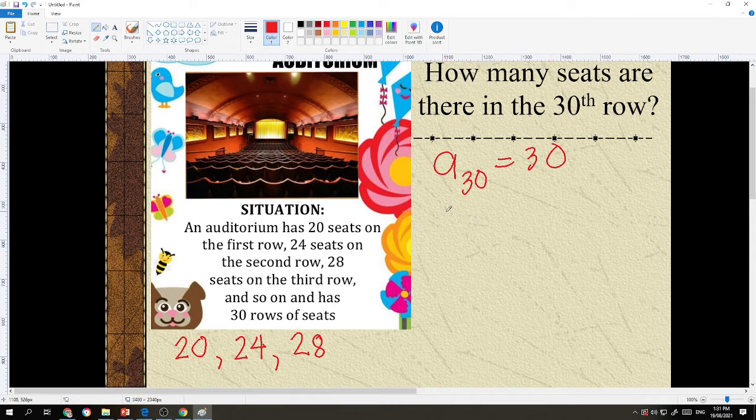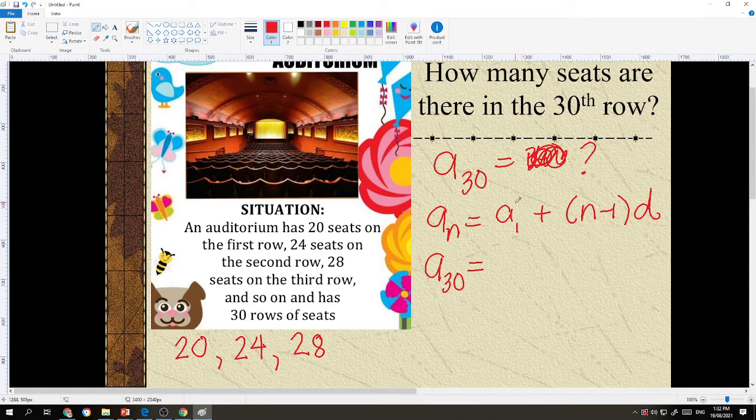Ang formula sa A sub n. Sorry for that. A sub n is equal to A sub 1 plus n minus 1 times d. Okay. We are looking for the 30th row.